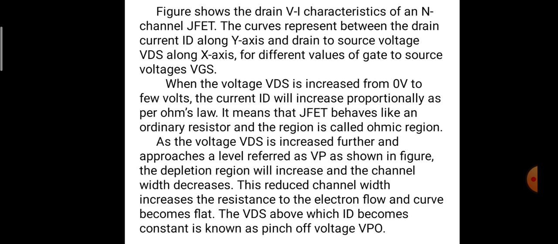As the voltage VDS is increased further and approaches a level referred to as VP, the depletion region will increase and channel width decreases. This reduced channel width increases the resistance to the electron flow and the curve becomes flat. The VDS above which ID becomes constant is known as pinch off voltage VPO.